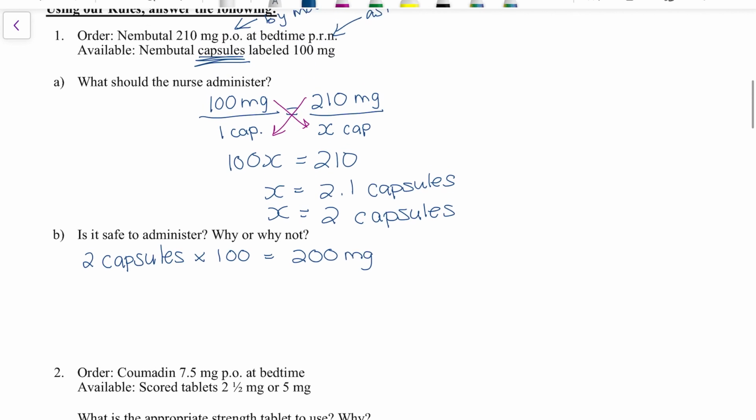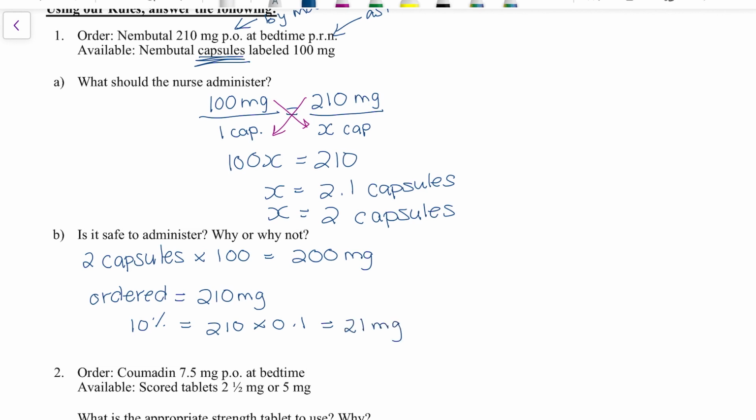What was ordered is 210 milligrams. I need to figure out what my range is, and we always figure out the range based on what was ordered, not based on what we're giving them. We want to make sure that what we're giving them is within the ordered range. So 10% is 210 times 0.1, or 21 milligrams.